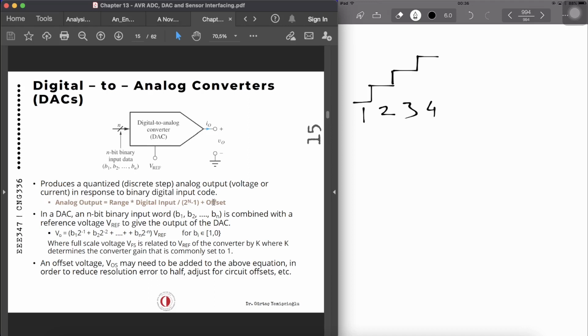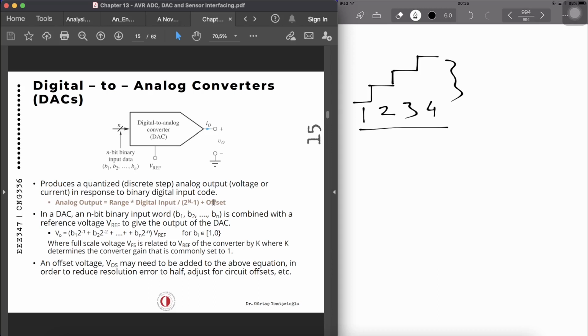Now, these are our inputs. And here, we are observing the output voltage change, right? So basically, depending on what the real desired output is, you are getting this quantization error. That is, whenever you step up the analog output, you can only step up by this much.